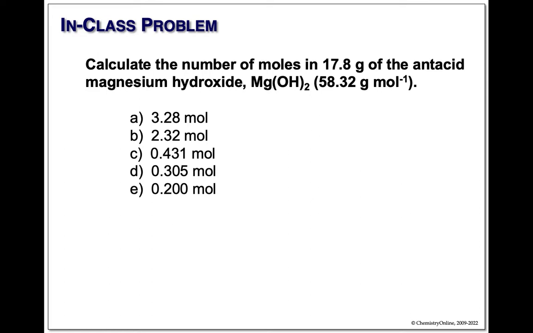We have a given here, don't we? But what do we use for a ratio? The molar mass here is a ratio, isn't it? 58 grams divided by moles. That's a ratio.